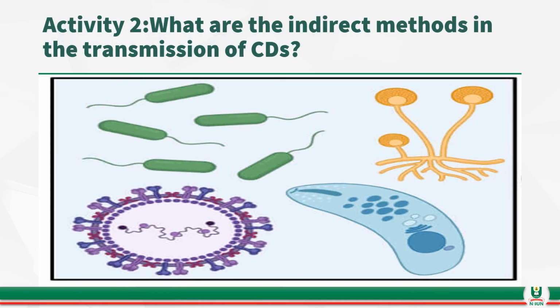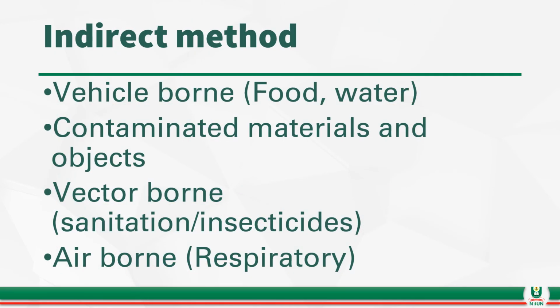Activity 2: what are the indirect methods of the transmission of communicable diseases? So we've talked about the direct method. What are the indirect methods of the transmission of communicable diseases? Indirect methods like vehicle-borne infections through food and water can be prevented by proper food hygiene and water hygiene.